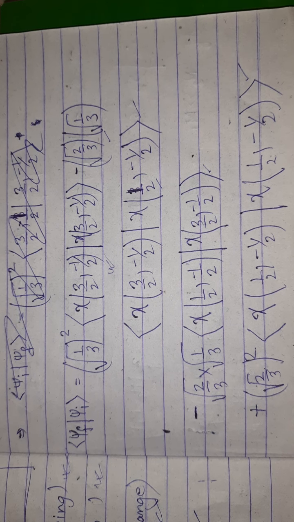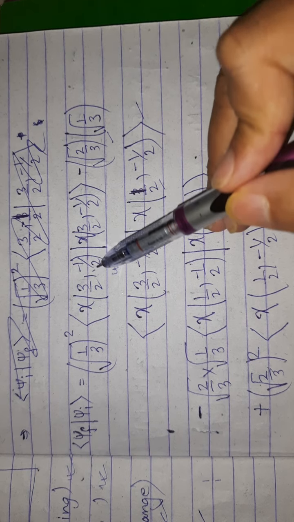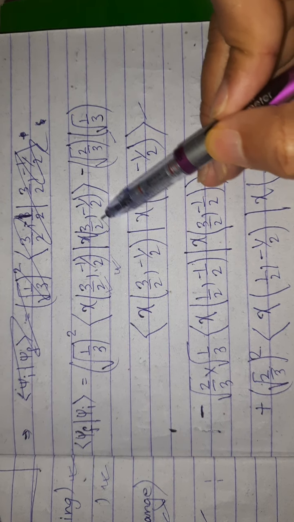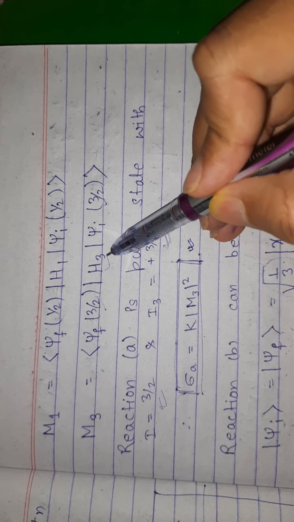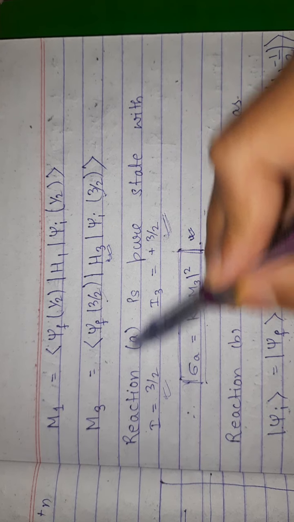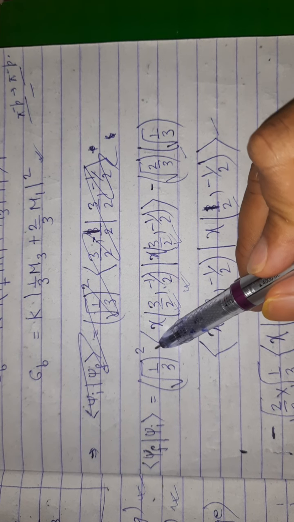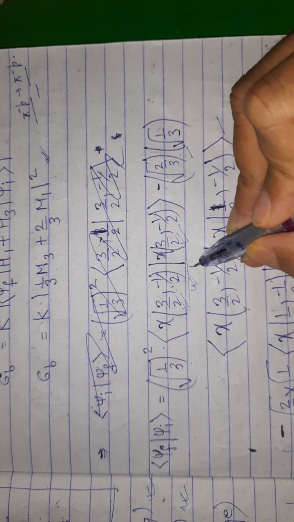You can very well see that these two are equal, and it corresponds to isospin 3 by 2 and 3 by 2. And what does isospin 3 by 2, 3 by 2 correspond to? H3. And where does H3 correspond to? M3. So this will be here, and M3 will be substituted here.